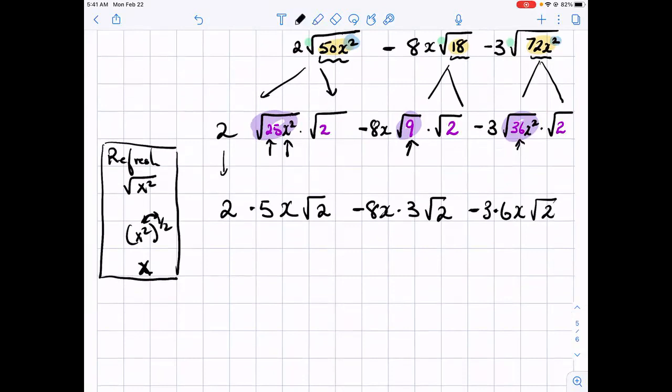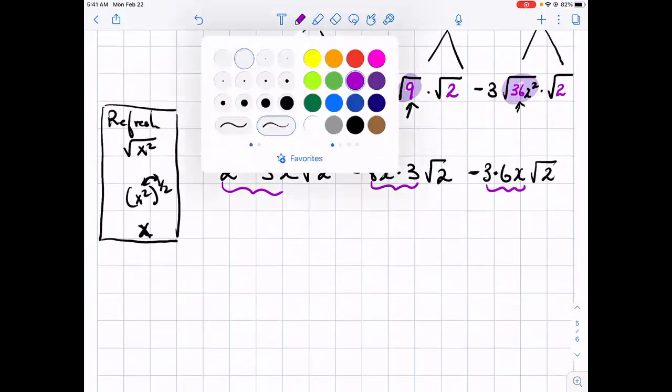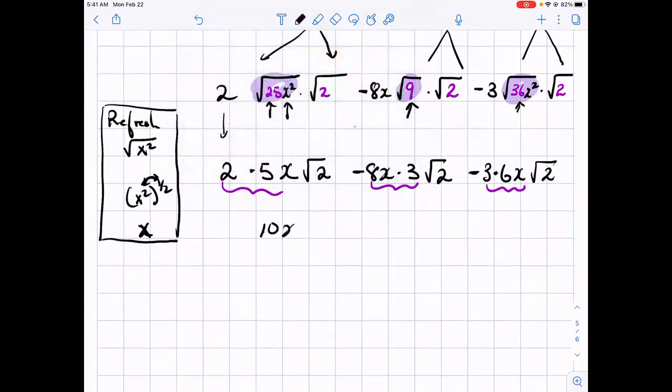Now, if we combine these, we multiply. So 2 times 5x becomes 10x root 2, minus 3 times 8 or 24x root 2, minus 3 times 6 is 18x root 2.